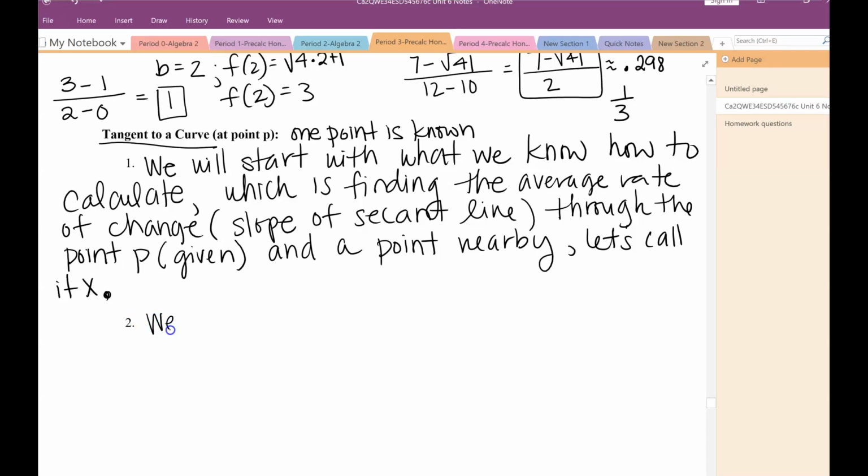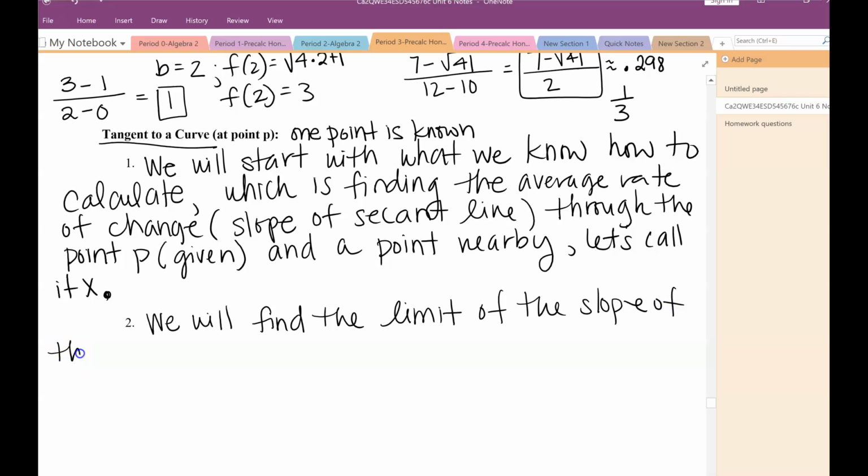Number 2, we will find the limit of the slope of the secant line as X approaches.